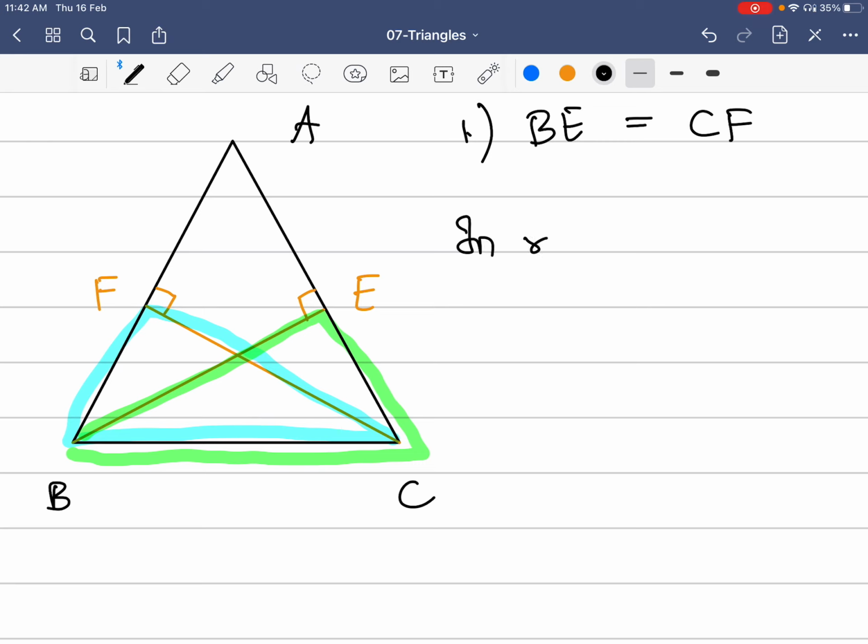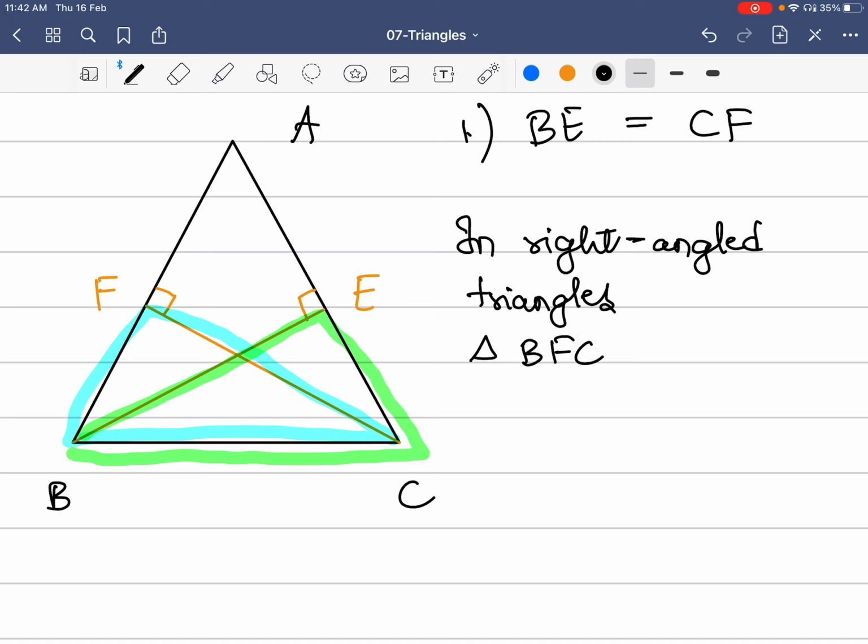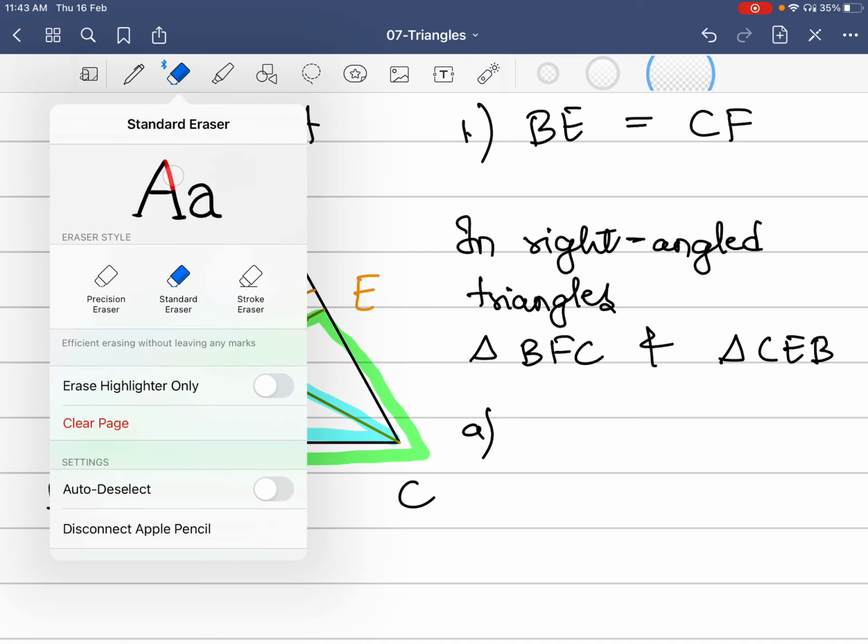In right angled triangles, which are these triangles? Triangle BFC and triangle CEB.